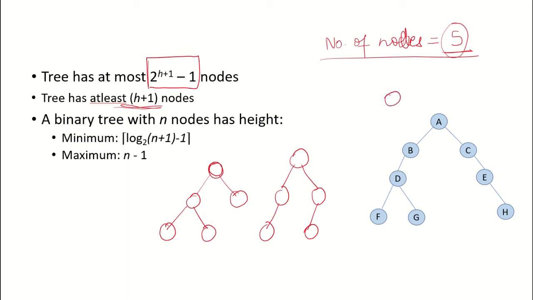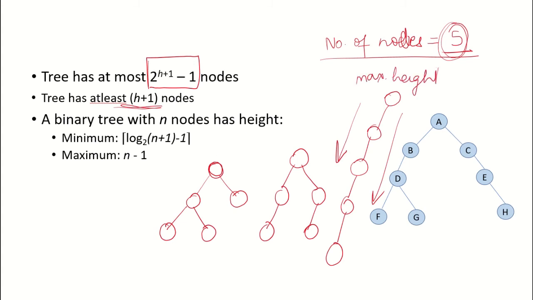Then if we feel that there should be only one node at each level, then this would be the tree structure. There would be only 5 nodes. This we see will be obtained when we have maximum height.